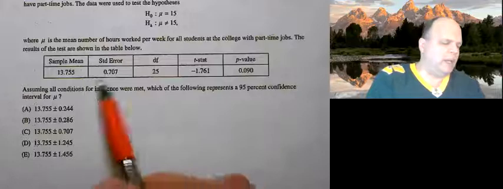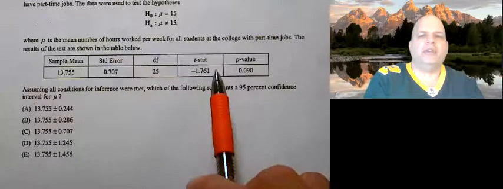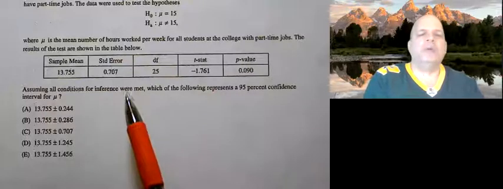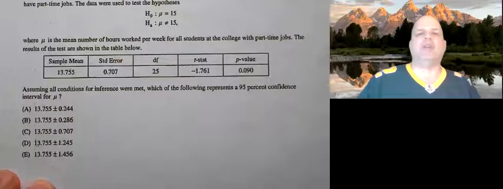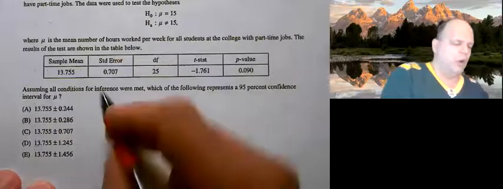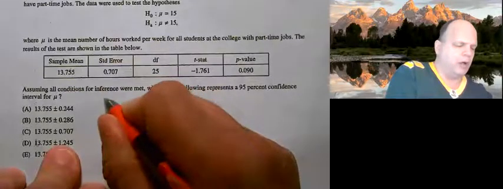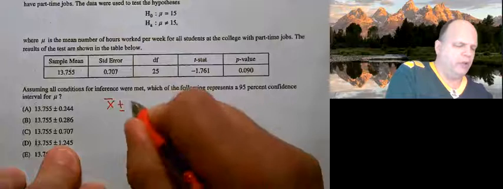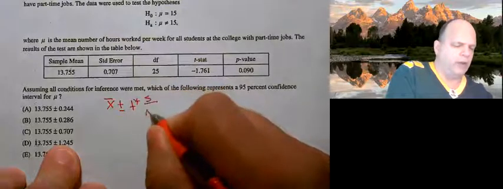So we have a sample mean, the standard error, degrees of freedom, a t-statistic, and a p-value. Assuming all conditions for inferences were met, which of the following represents a 95% confidence interval for mu? Well, the confidence interval is going to have x bar plus or minus t star s divided by the square root of n.